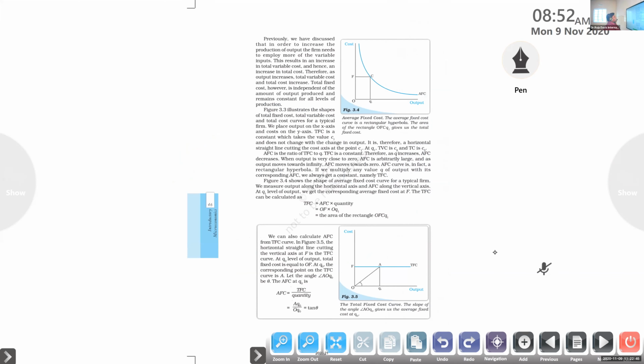Already we discussed that in order to increase the production of output, the firm needs to employ more of the variable inputs. This is a simple understanding to keep in mind: if you want to increase the output, we need to make changes in the variable input.